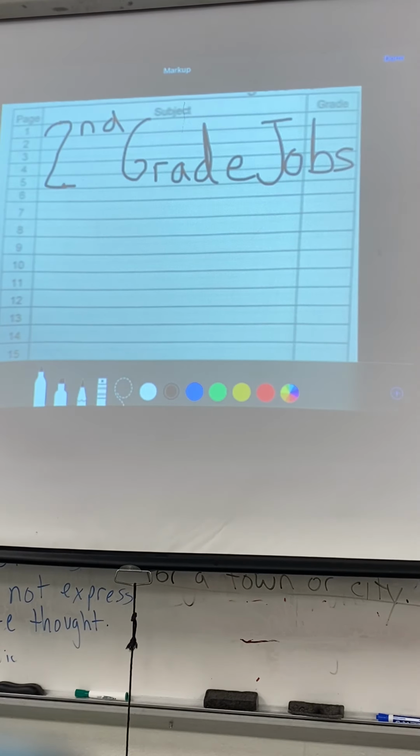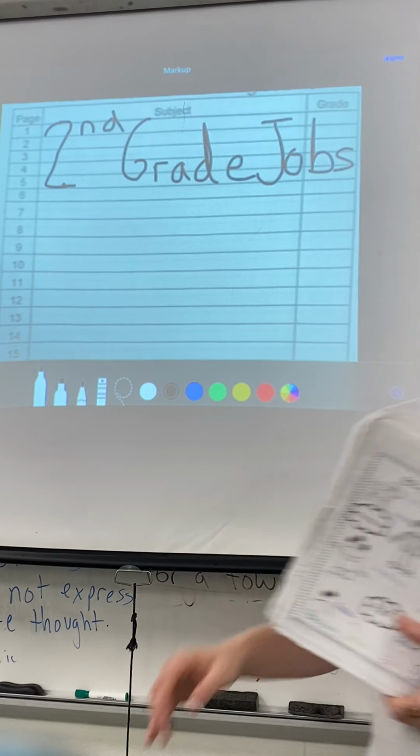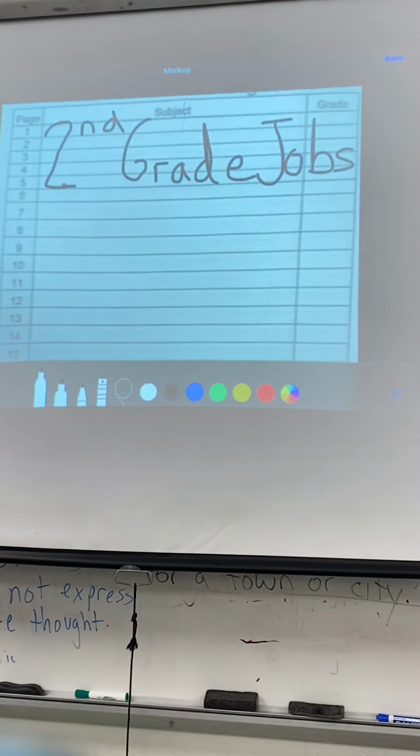The reason you're doing that is because we're kind of disregarding our headings for these pages. So that should be in the first 5 lines of your table of contents.